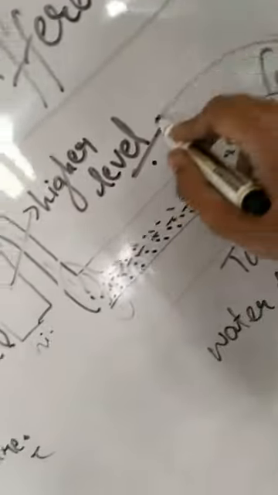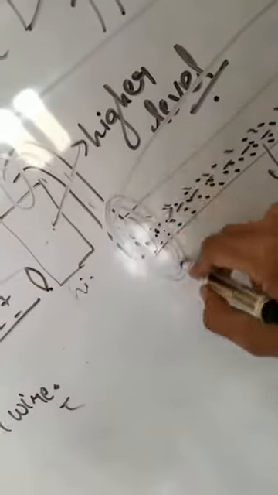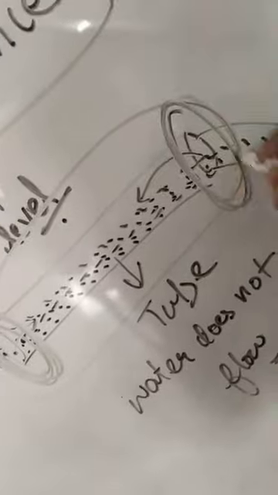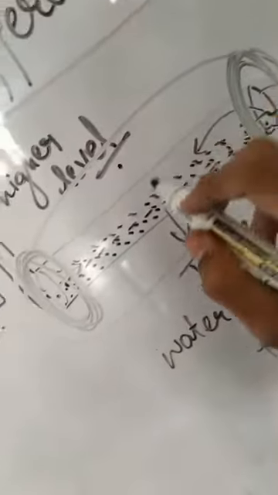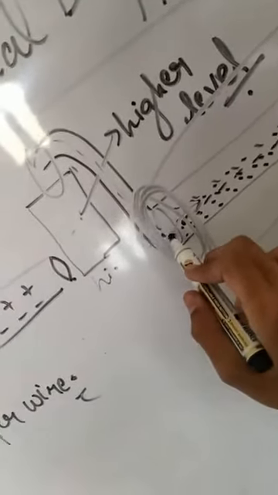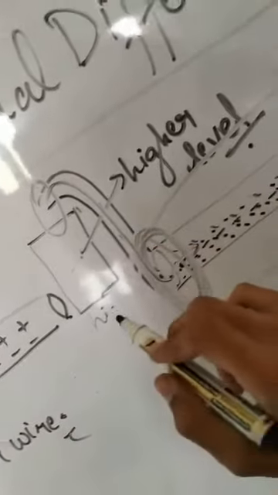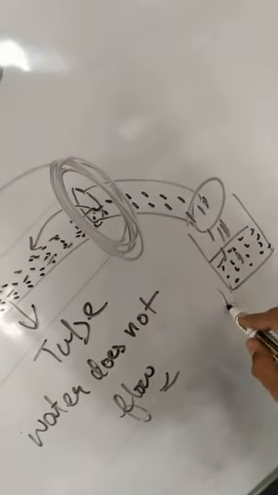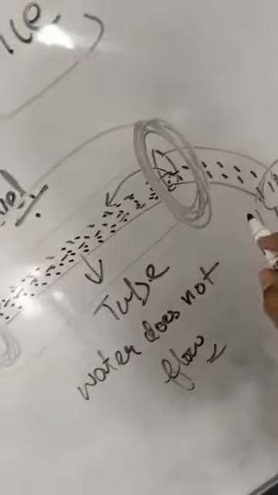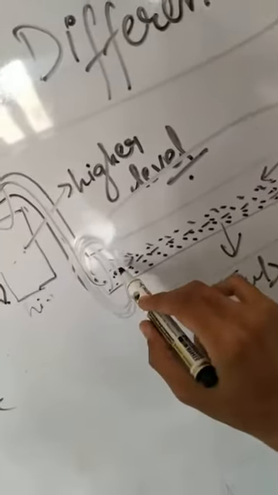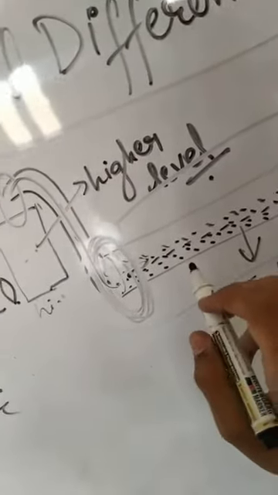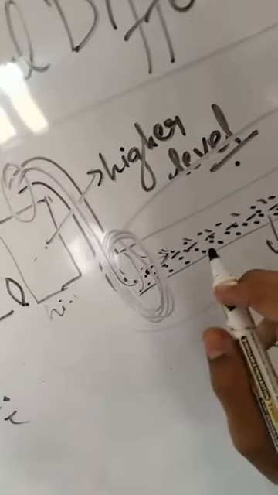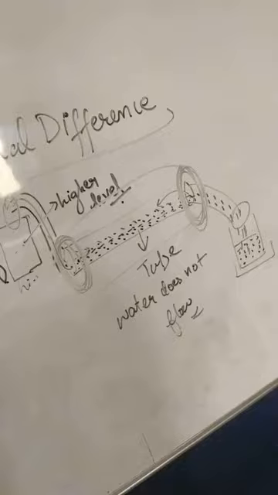Water does not flow in a horizontal tube if there is no difference in the pressure at the ends of the tube. When we connect this tube to a tank of water at a higher level and the other end to a tank at a lower level, this causes a pressure difference between the ends of the tube, which allows water to flow.